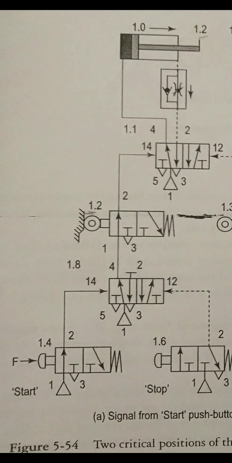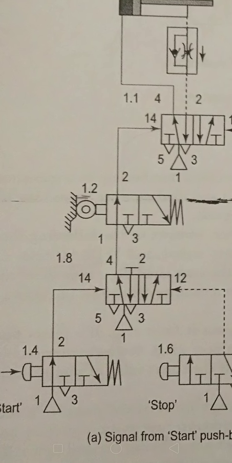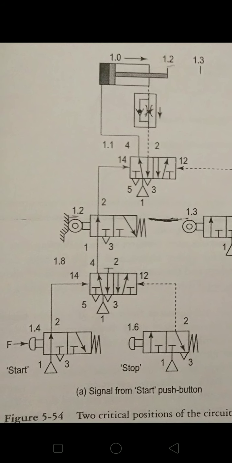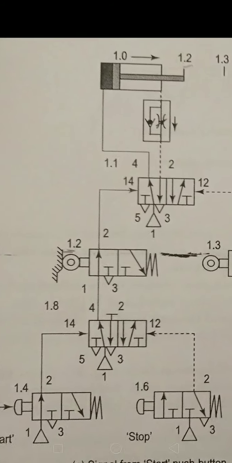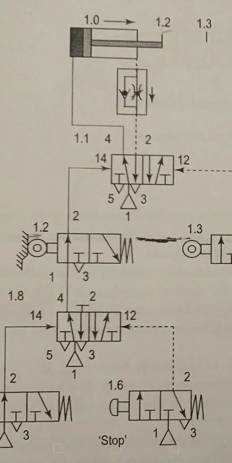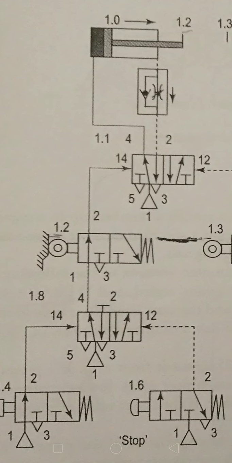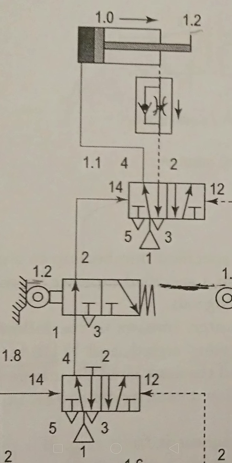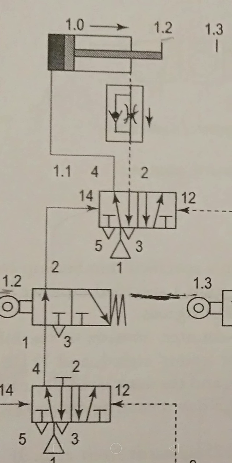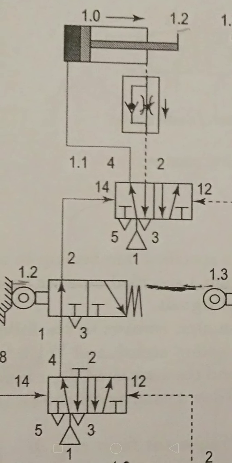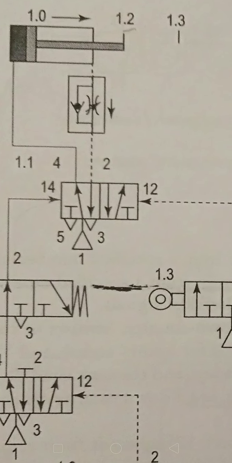So from 1 to 4 of the 5/2 DC valve and through the roller valve, again the 5/2 DC valve moves to port 14, and the piston will move from left to right, let's say for 3 cycles.